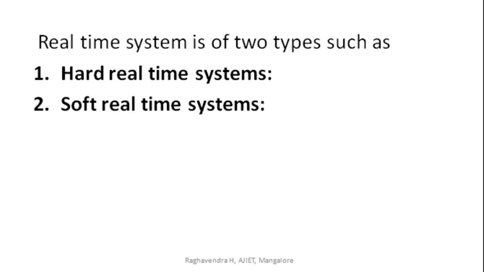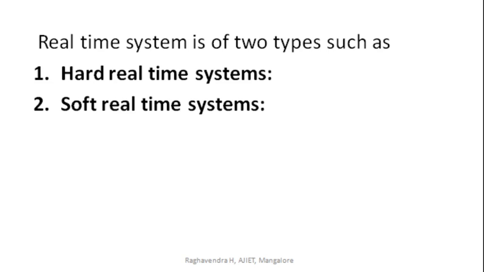Processing must be done within the time constraint or the system will fail. A real-time system is said to function correctly only if it returns the correct result within the time constraint. These systems are characterized by having time as a key factor.